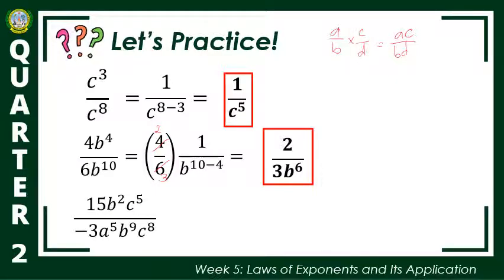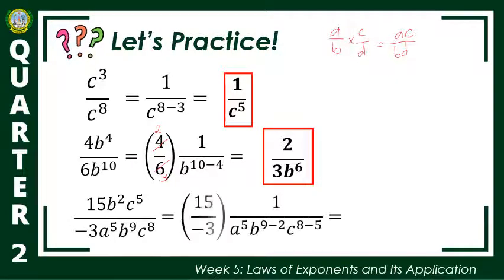Next. We have 15b squared c raised to 5 divided by negative 3, a to the 5th power, b to the 9th power, c to the 8th power. We separate the numerical coefficients. We have 15 divided by negative 3.